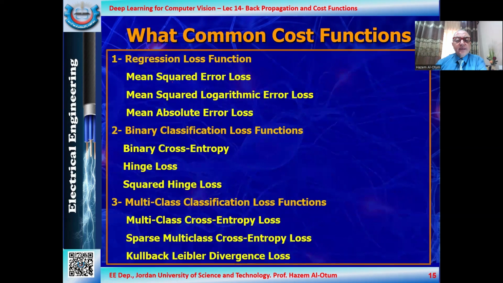Now we talked about the error. So what are the types of errors that we can use, or what are the types of cost functions that we can find or need to find in this case? Of course, here just a few words when we talk about the loss function. For example, let's go to this one.